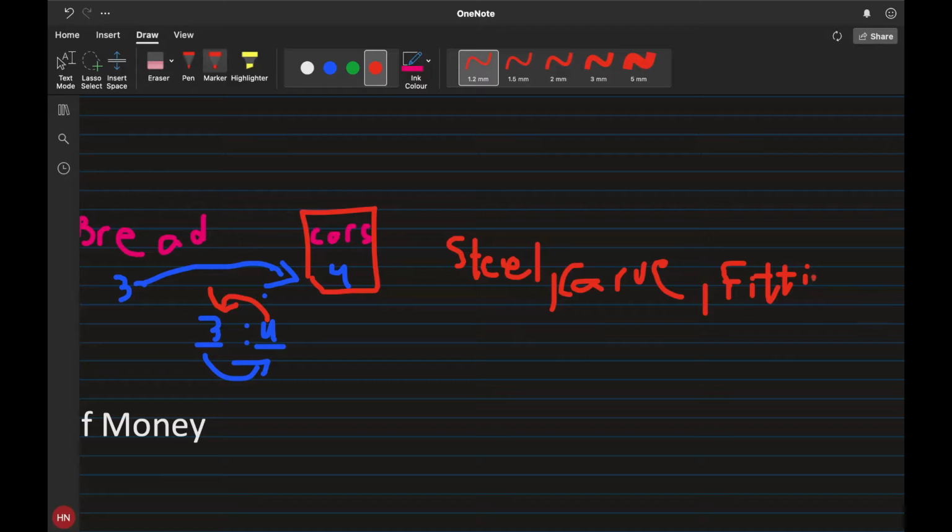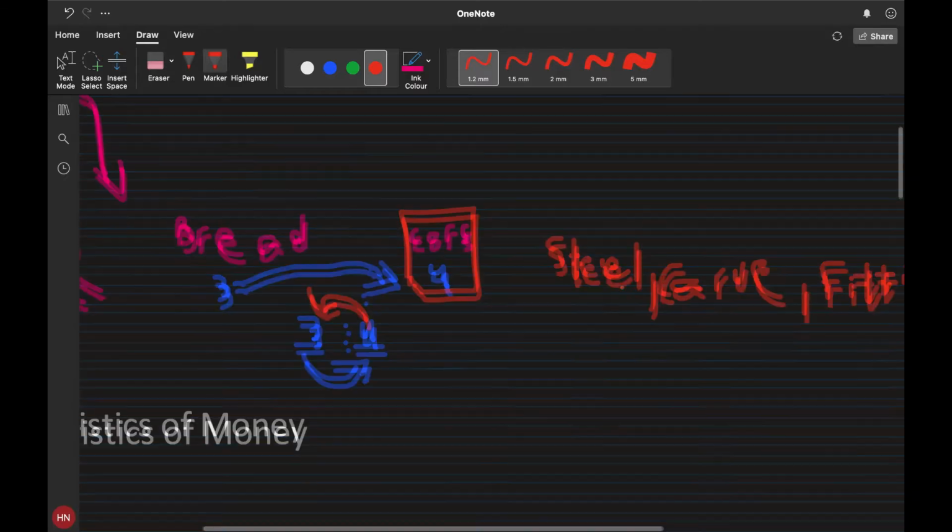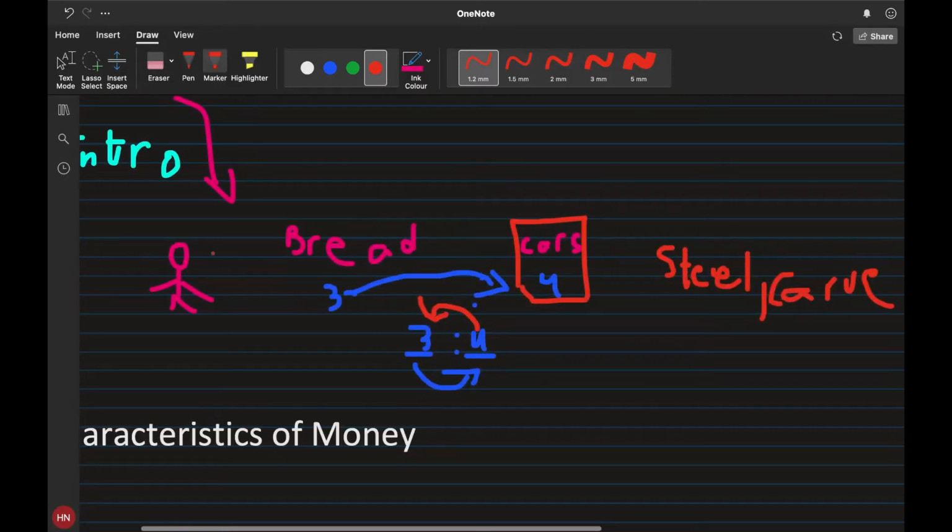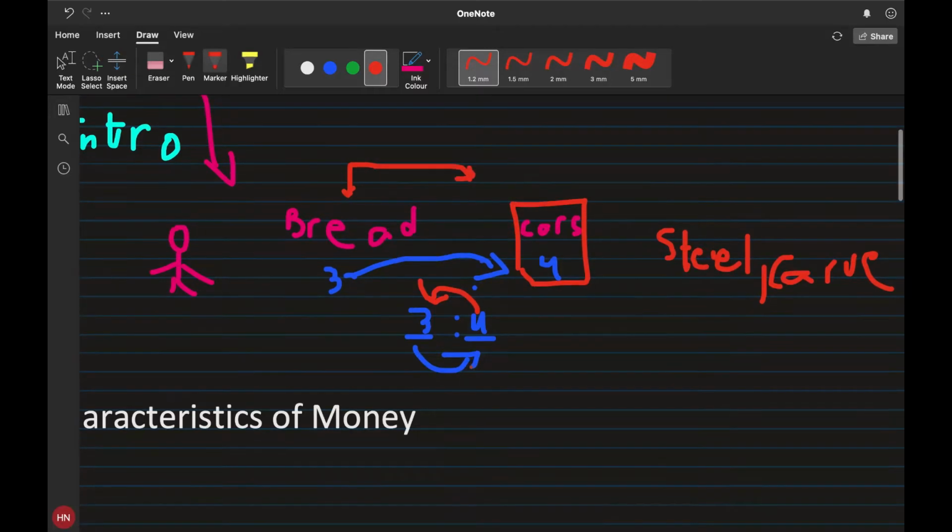Then you paint the car and so on. So in this case, first of all he looked at the two different industries that he could join, the bread industry or the cars industry, and so he chose the cars industry due to comparative advantage.